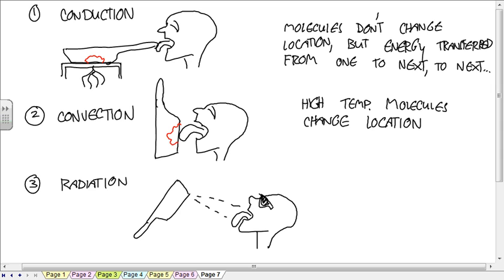So radiation is made of electromagnetic waves.